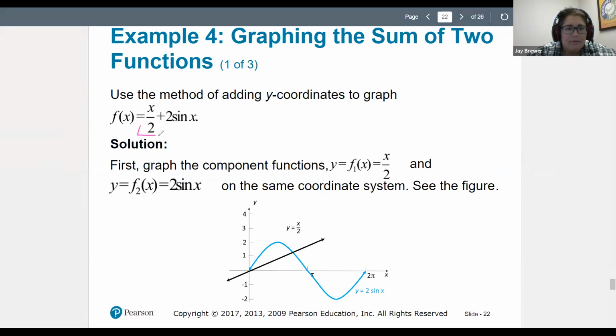Right here. There's y sub 1, or I guess f sub 1. All right, and then the second part, f sub 2. You could consider them y sub 1 and y sub 2. All right, you can see your coordinate plane.